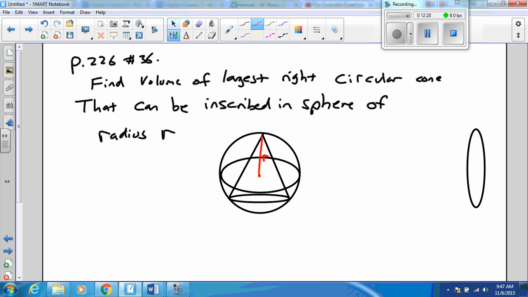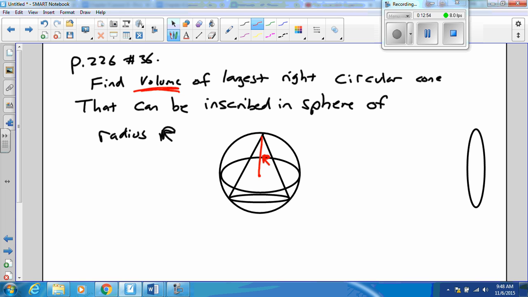Okay, that's a good start. I'm looking for the volume of the largest right circular cone. I'm just taking the sphere's radius as R, so I'm generalizing this. Maybe I'll do it as capital R so we don't confuse it with the formula.